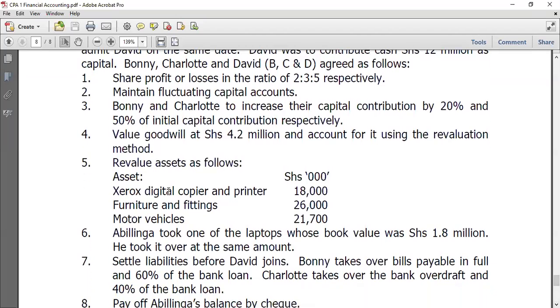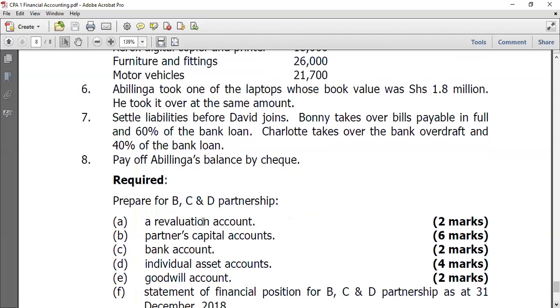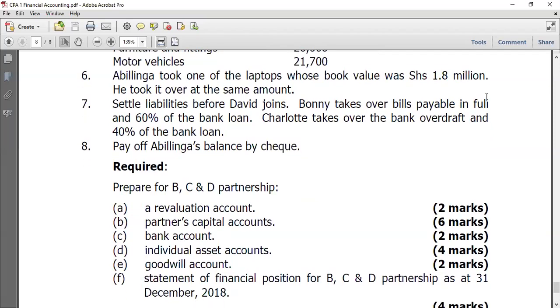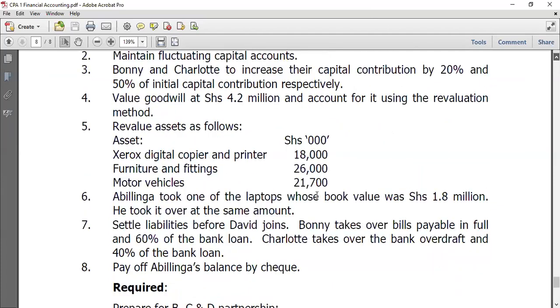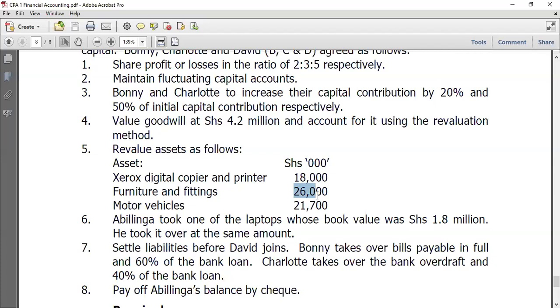Now we have a case here where they're telling us that they are revaluing their assets as follows. And one of the things that they ask for here is a revaluation account, only just 2 marks. But the principle for you is about these assets that are being revalued. Realization only happens when we're having a dissolution of a partnership. Every time you see a realization account, you know that this partnership no longer exists.